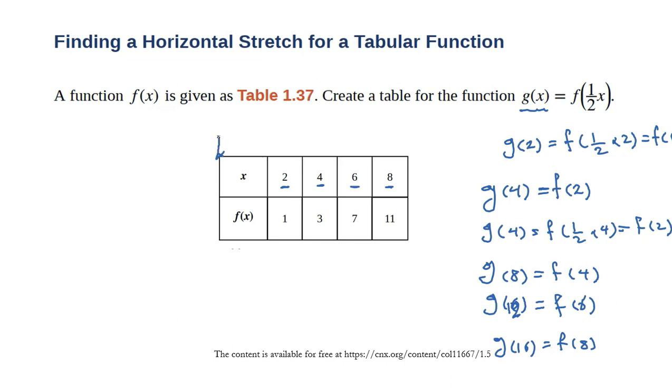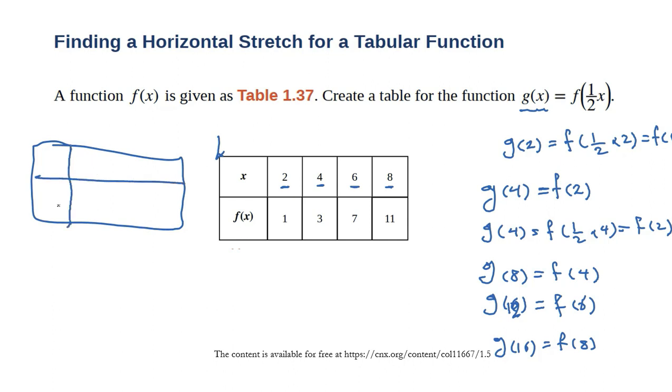So we can write another table. X, g of x: 4, 8, 12, 16, and f of x is 1, 3, 7, 11.